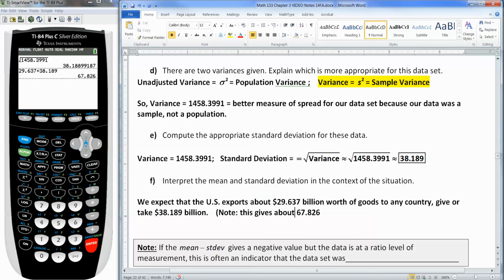So this gives a range, here, a range of, and then the lower number would be the second thing, same thing we just did. So second entry, but I'm going to make this turn into a minus sign in the middle. Or you could just type it, 29.637 takeaway 38.189.